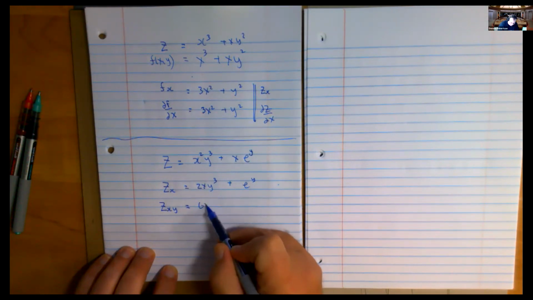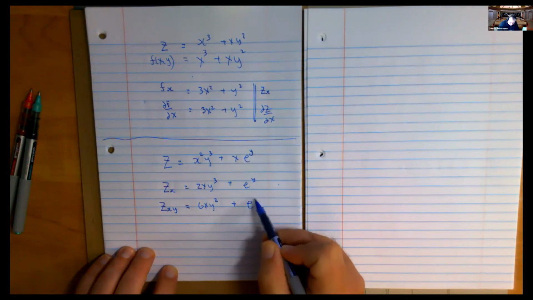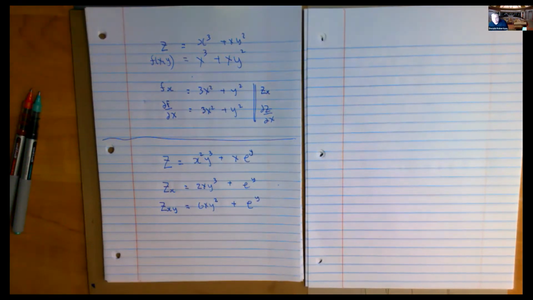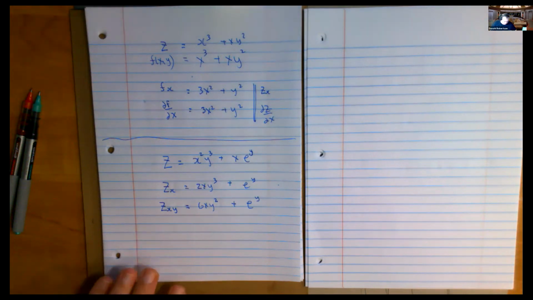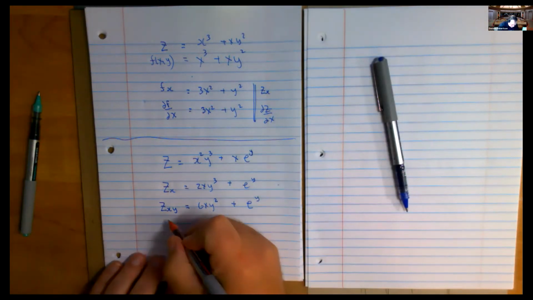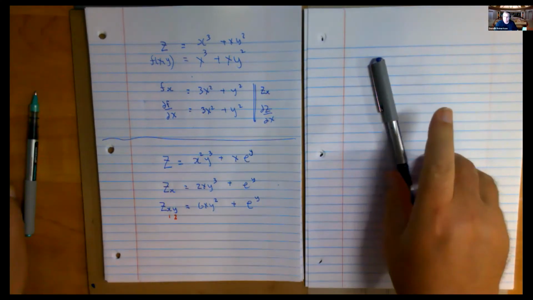You multiply by the power, and you reduce the power by 1. And e to the y is e to the y. I think subscript notation is pretty obvious, the order that you do things. In particular, don't you do x first and y second?